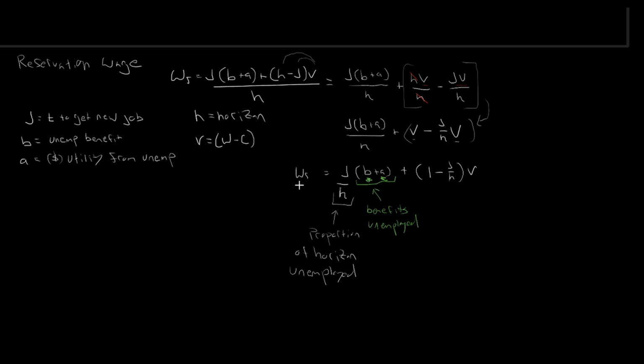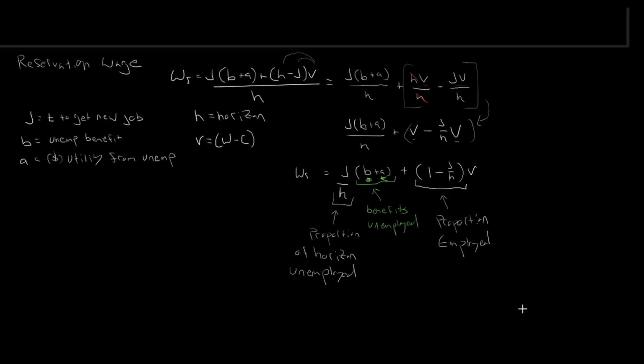So altogether, our reservation wage is saying, okay, hey, what proportion of the horizon that I consider would I expect to be unemployed? And what would that unemployment benefit be? And then plus 1 minus J over H. So hey, if J over H is the proportion of the horizon that I'm unemployed, 1 minus J over H is going to be the proportion that we are employed.